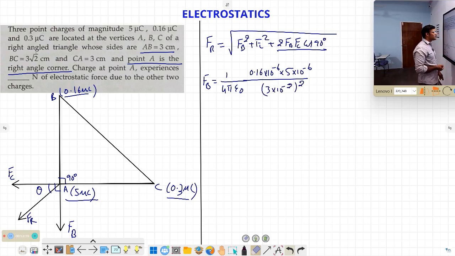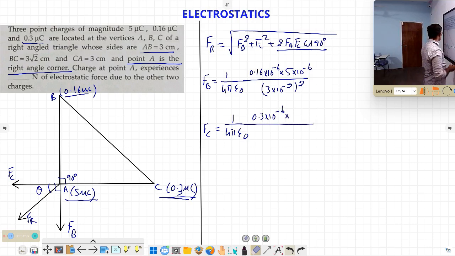Now we need to calculate this value, so we'll do it later. First we'll write the value of FC. What is the force due to C? FC is the same formula, 1 by 4 pi epsilon naught. The C charge is 0.3 microcoulomb, that is 0.3 into 10 power minus 6, into the A charge, 5 into 10 power minus 6, by the square of the distance.